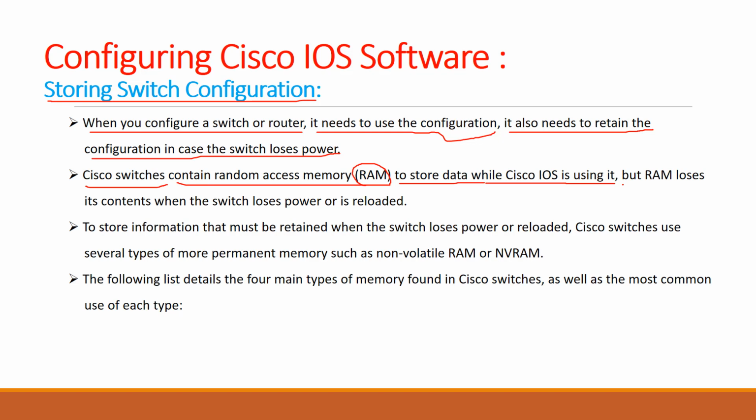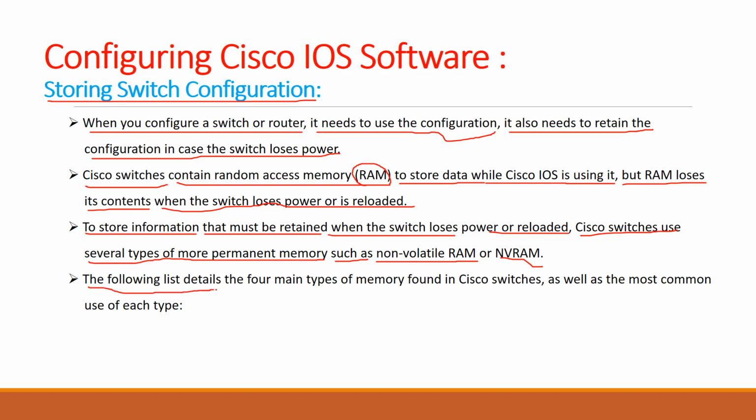But as all of you know, RAM loses its contents when the switch loses power or is reloaded. So, to store information that must be retained when the switch loses power or is reloaded, Cisco switches use several types of more permanent memory, such as the non-volatile RAM, or NVRAM.